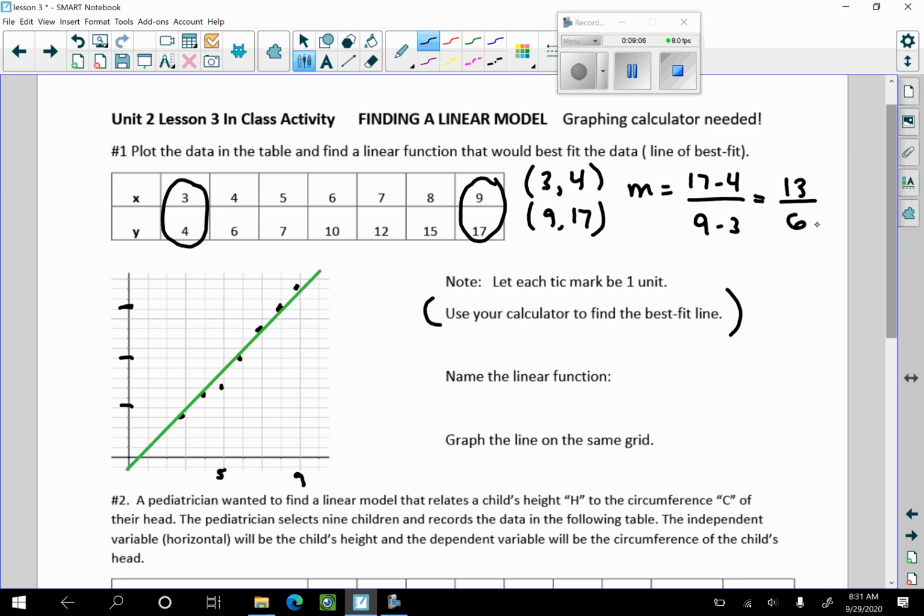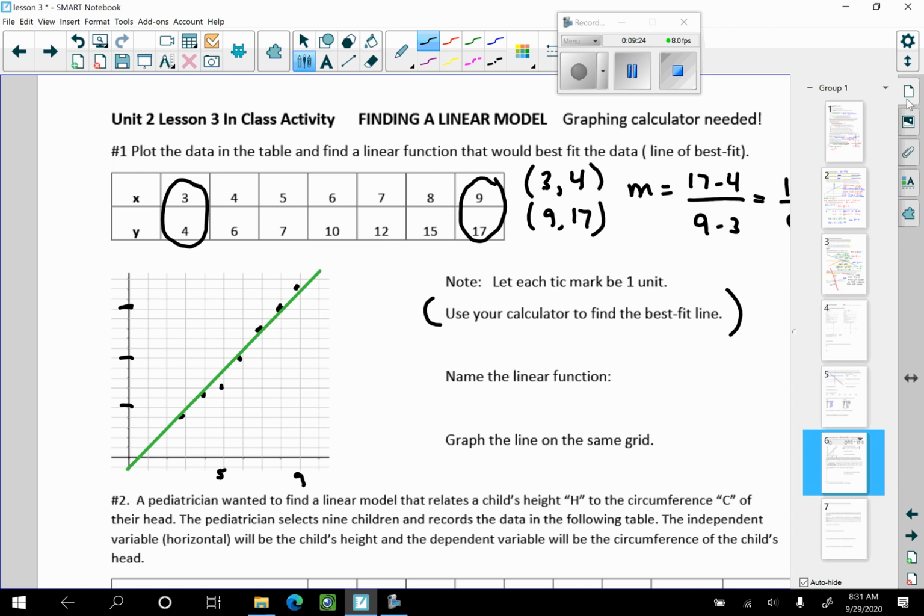I want a linear function, and the linear function is going to be this easy. Note, there are 2 different ways that you can write the linear function.